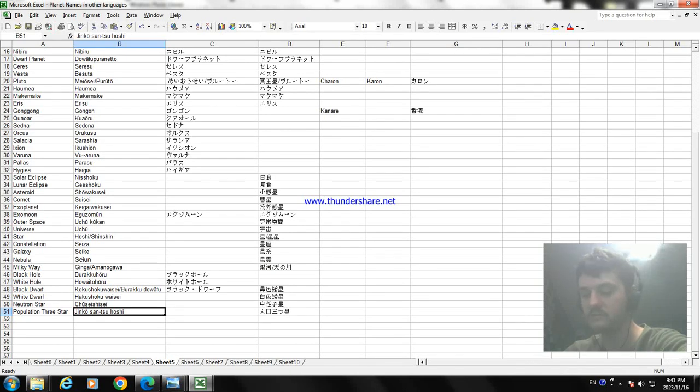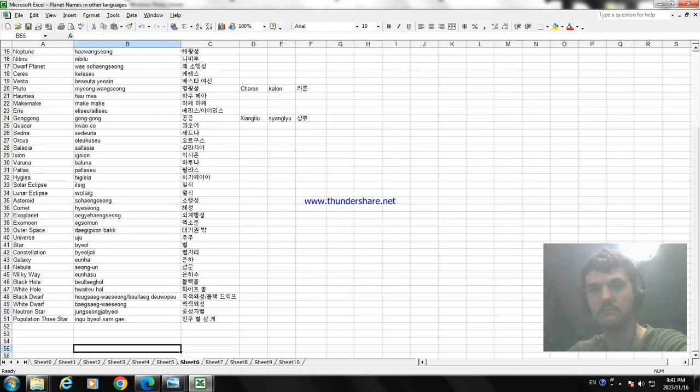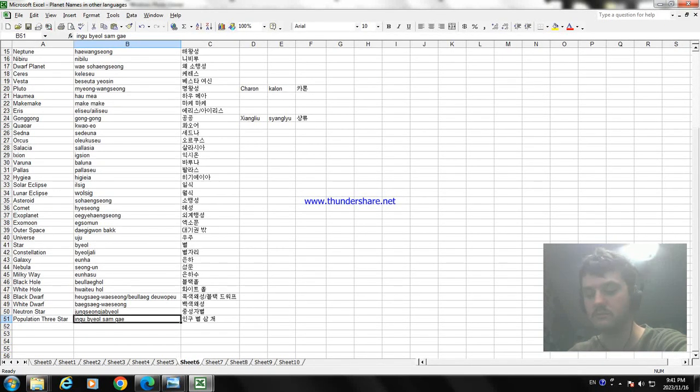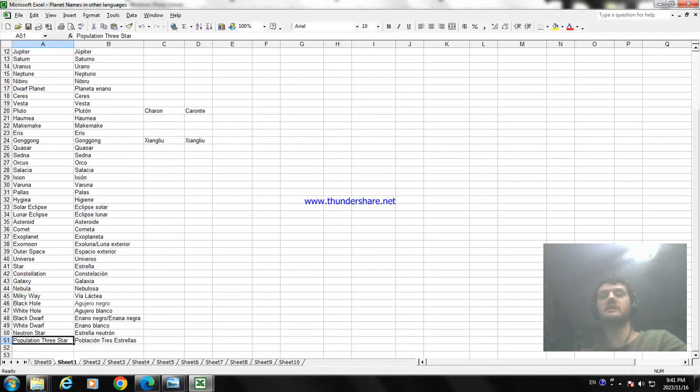In Japanese: 人口3つ星 is how to say population 3 star. In Korean: 인구 별 3개 is how to say population 3 star. Okay, so that's it. Now I'm done.